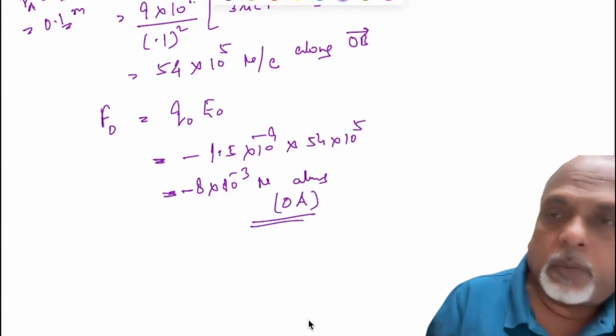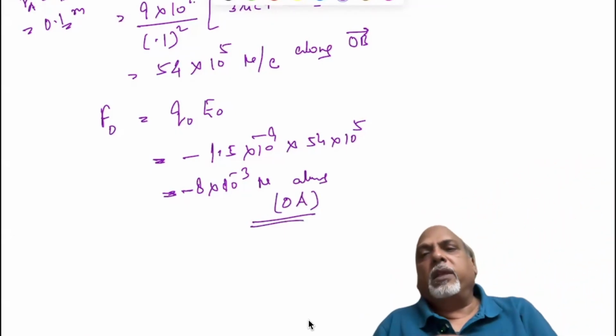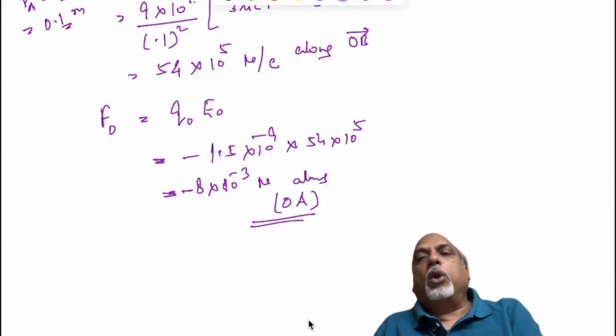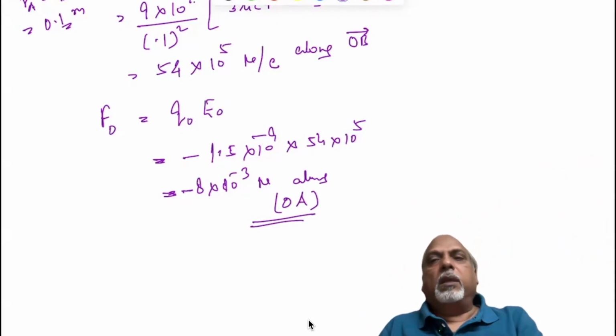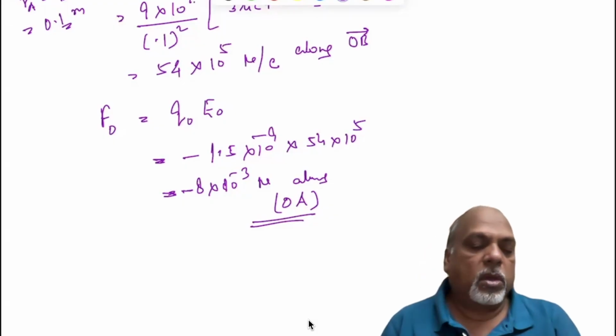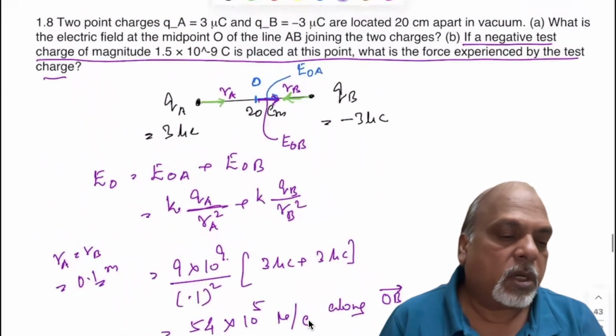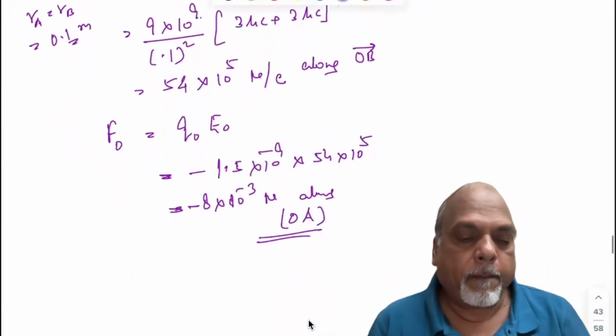Suppose if you put a positive charge, naturally the force would have been along OB, in the direction of the electric field. But since it's a negative charge, it is along OA, opposite to OB, correct? So this was the solution of this question.